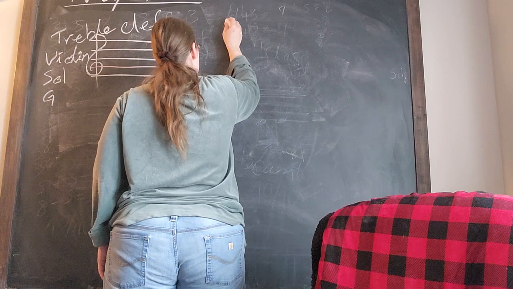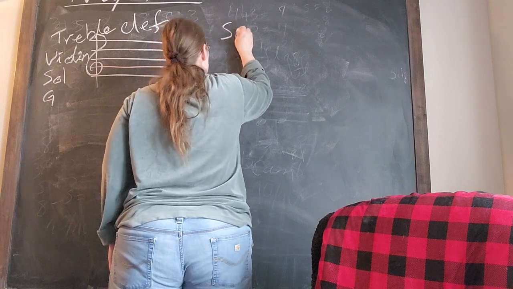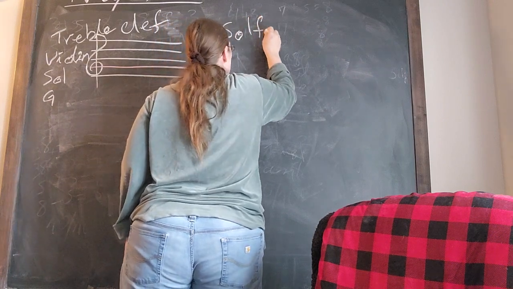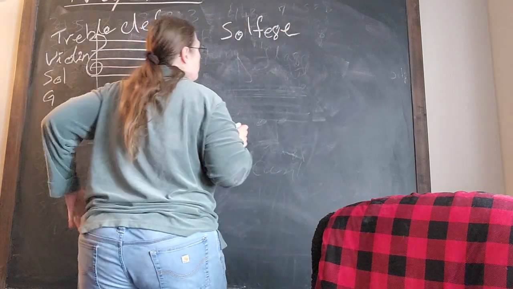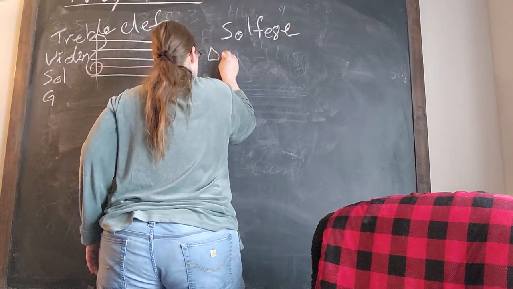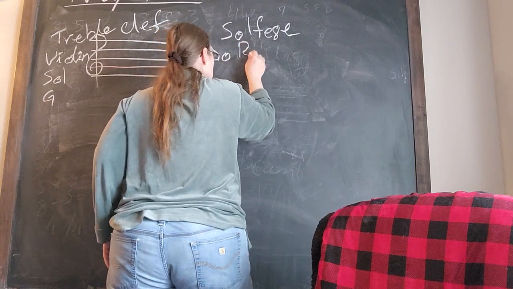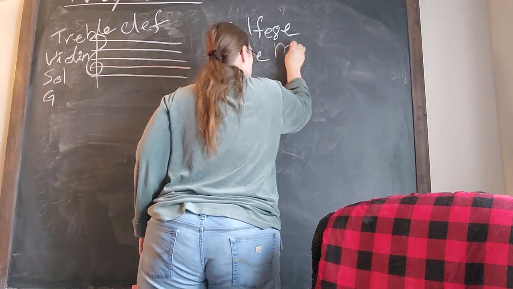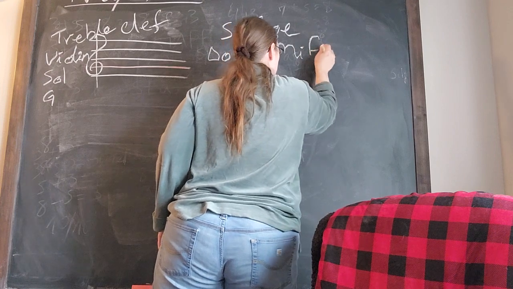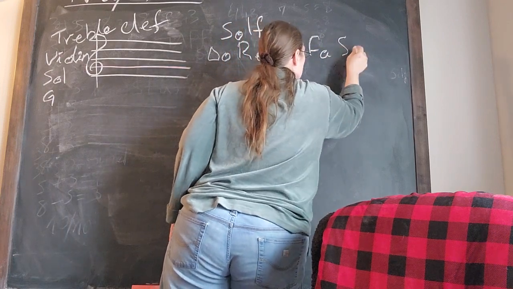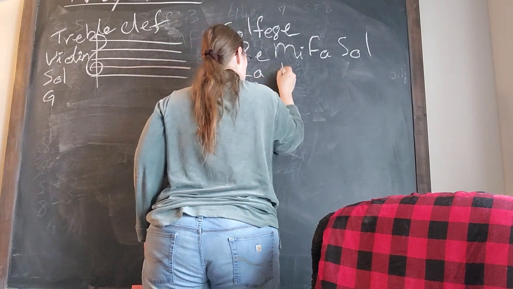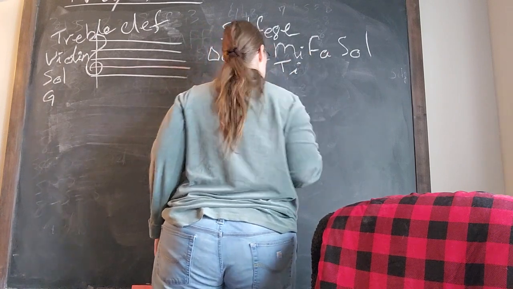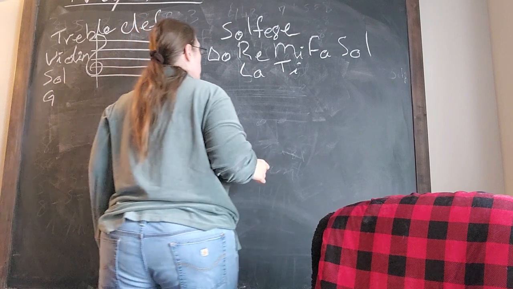3 ways of naming pitches is solfege or solfeggio, which uses do, re, mi, fa, sol, la, and ti. Obviously, you'd have do again at the top.